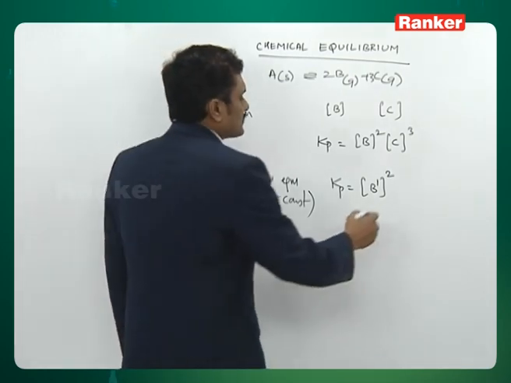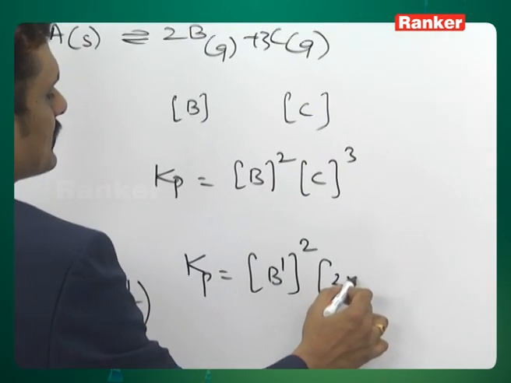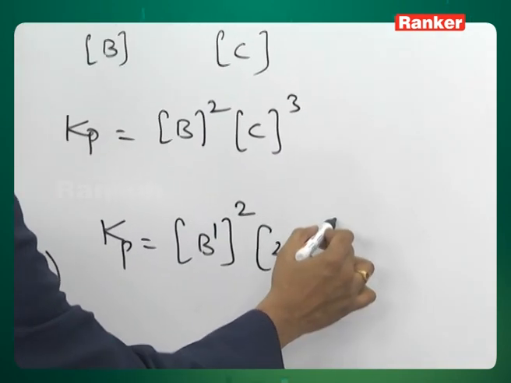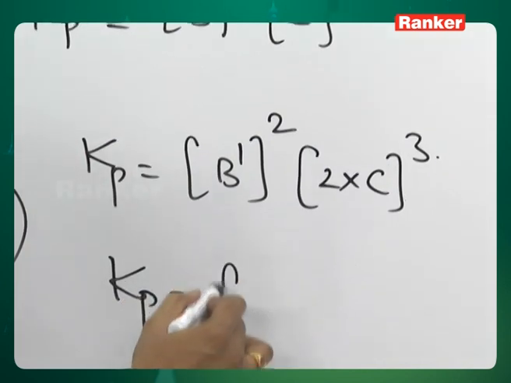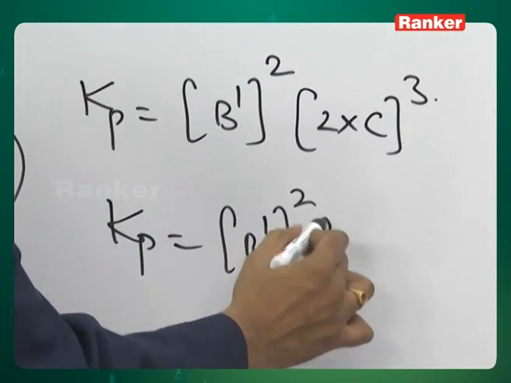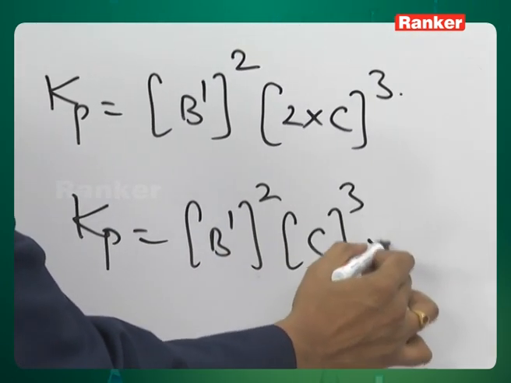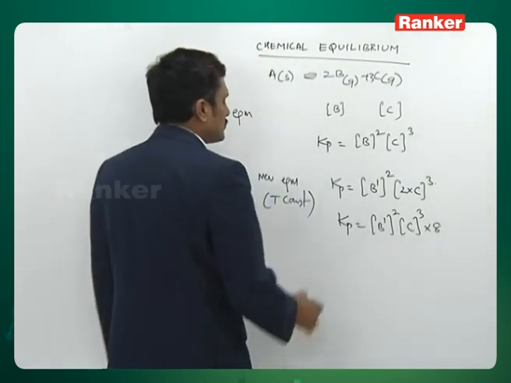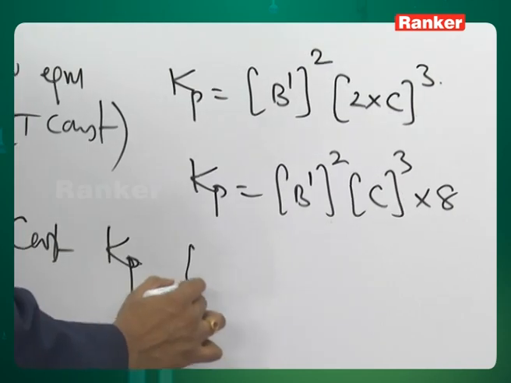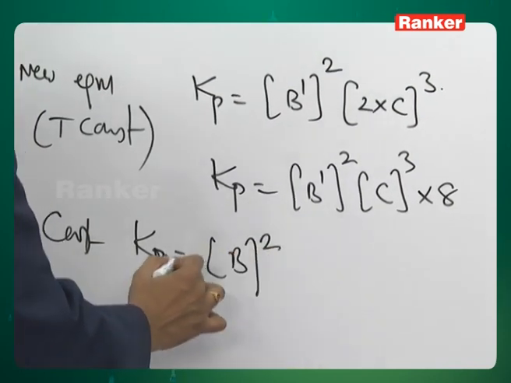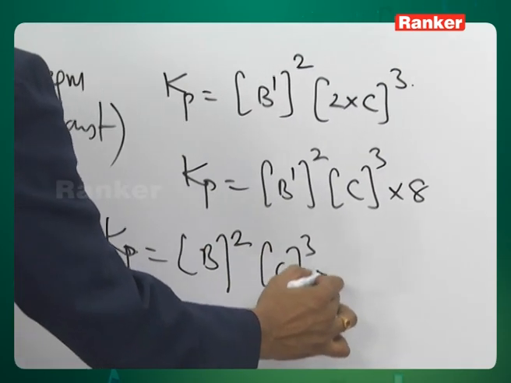Now the concentration of C has been made 2 times the initial concentration of C, whole power 3. So therefore, it will become B prime square into C cube into 8. Now we know that Kp remains constant throughout. So Kp equal to B square into C cube is unchanged.